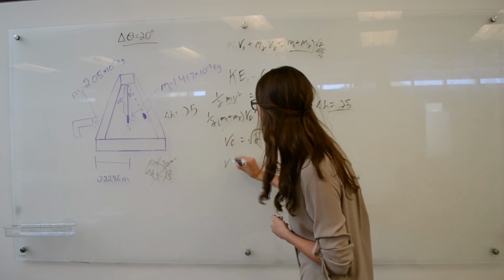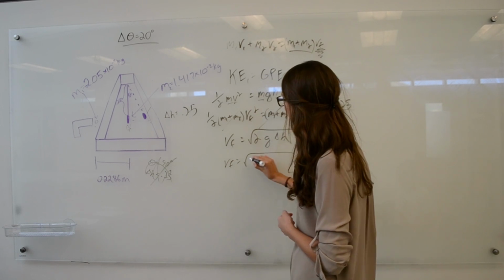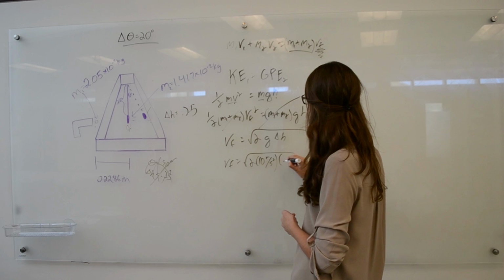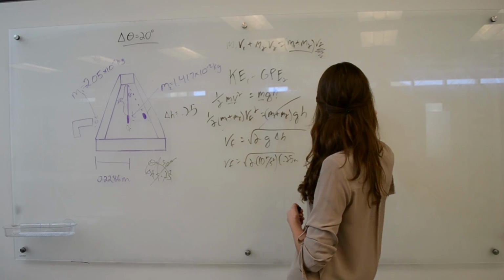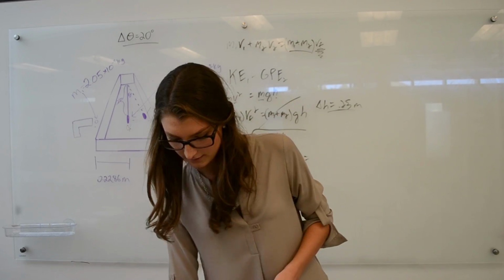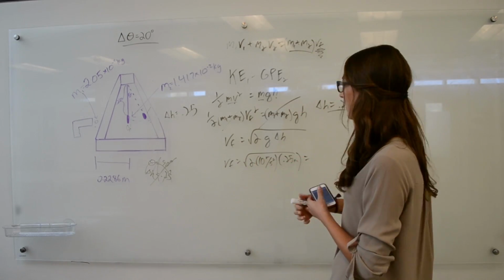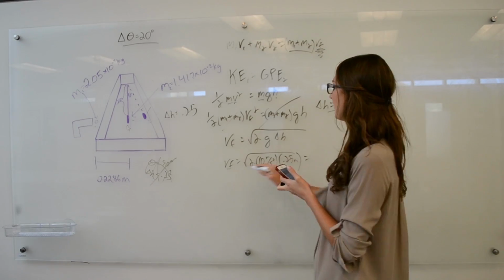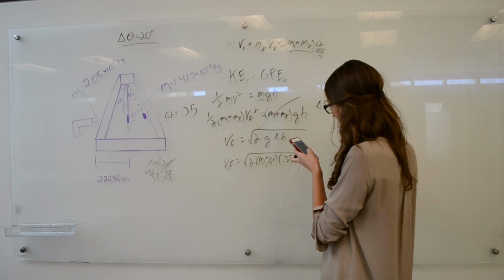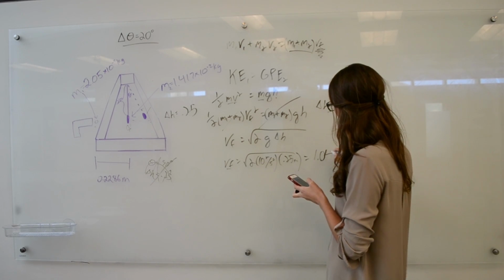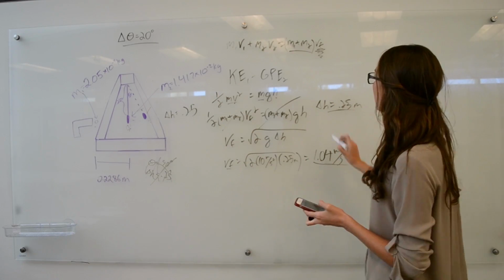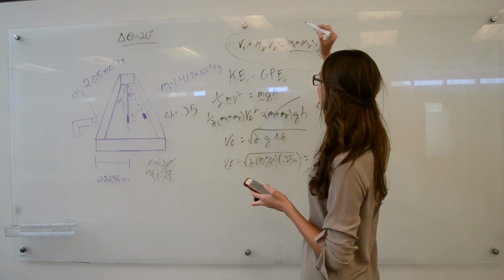Then Vf is equal to the square root of 2 times 10 meters per second squared times 0.25 meters. If you do that calculation, we find that the final velocity of both the masses together is equal to 1.04 meters per second.